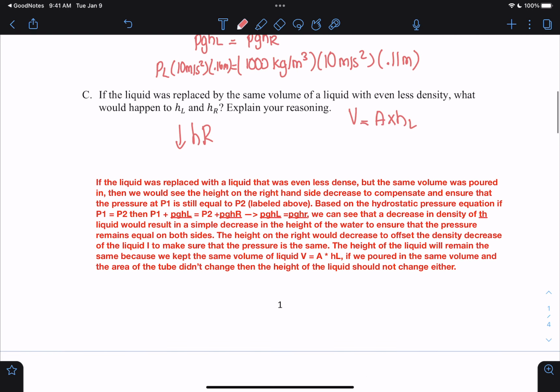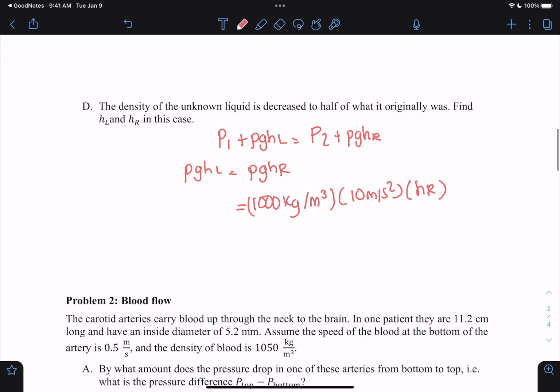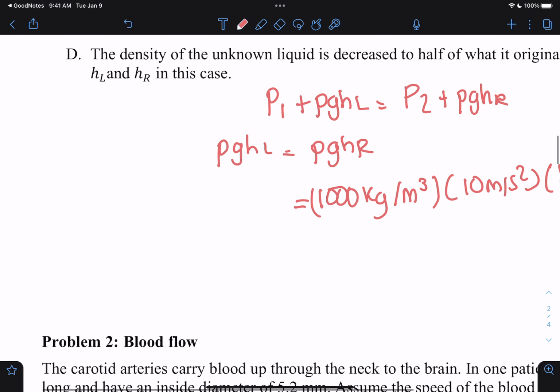So if we halve the density. Remember, the density was initially 687.5. So if we take that and multiply by 1/2, that ends up being 343.75 kilograms per meter cubed. That's our density for the unknown liquid, multiplied by gravity, which is 10 meters per second squared.